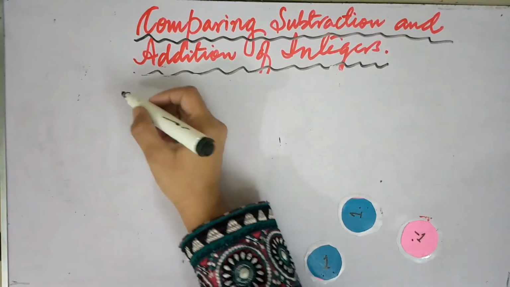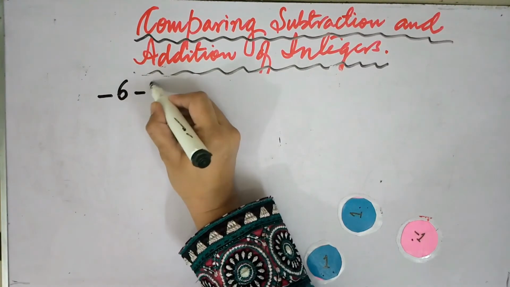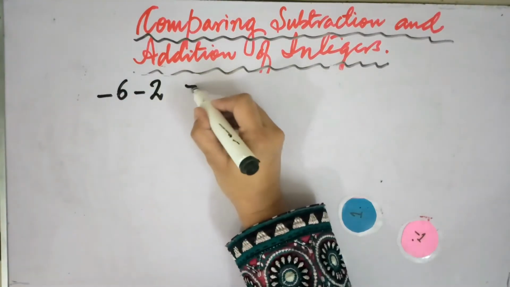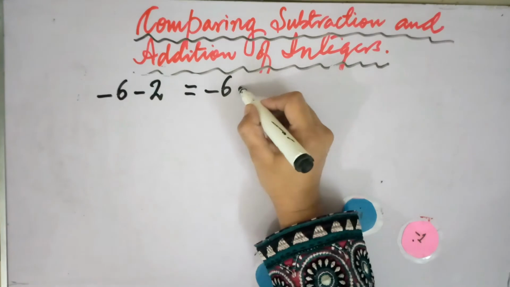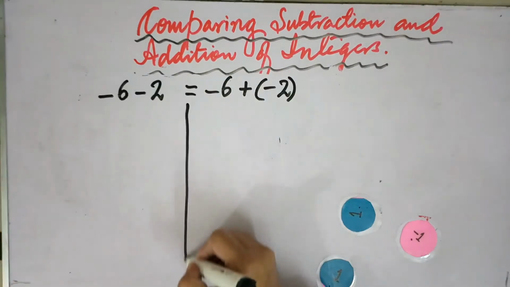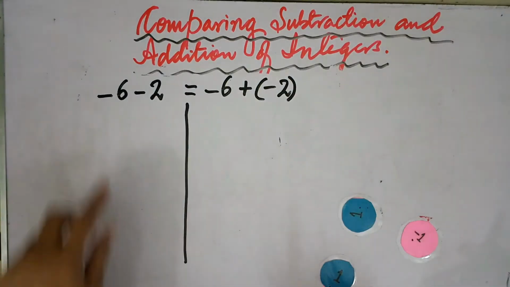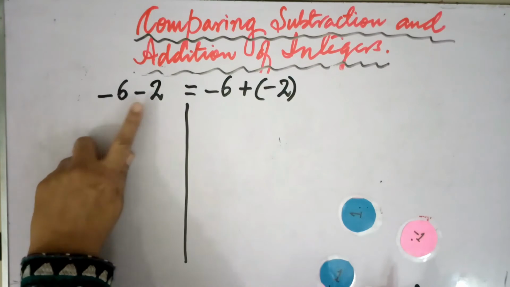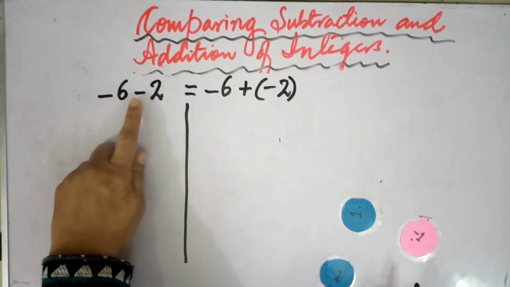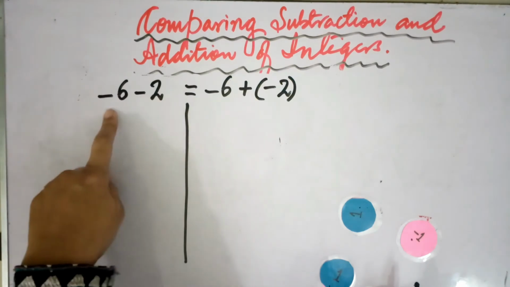Now let's take another example. Both expressions are equivalent, we are going to show. You are going to take away positive 2 from negative 6.